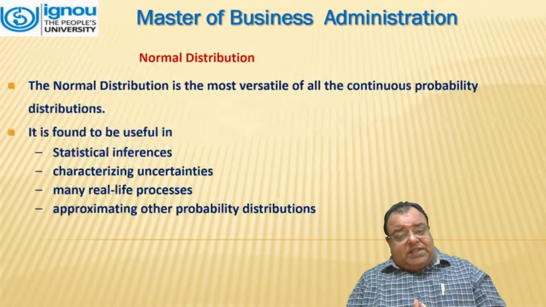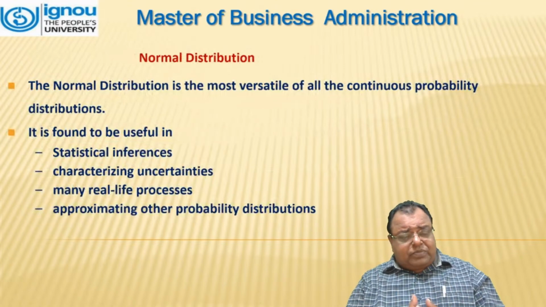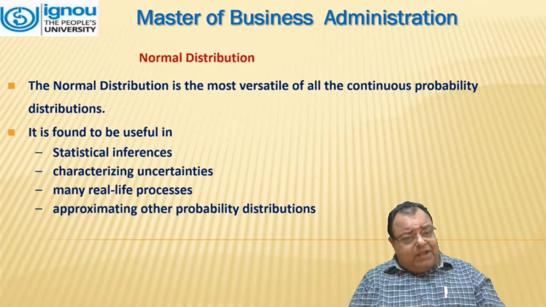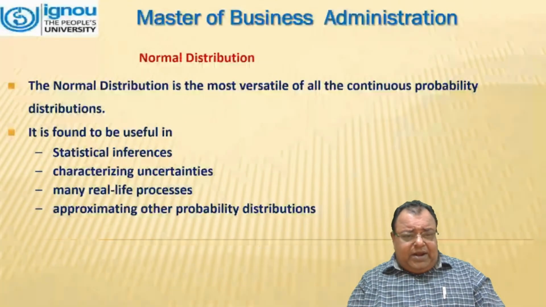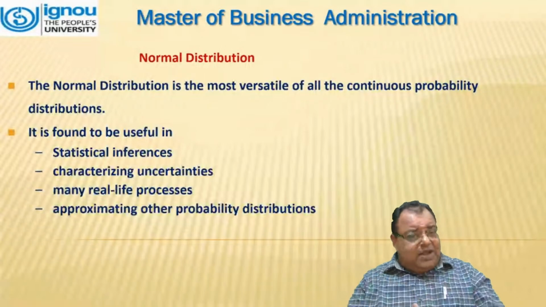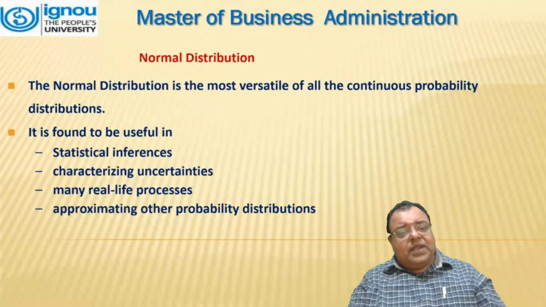We will be starting with the most important topic, which will be of great importance in your this MMPC 5 as well as in your MMPC 50. That is normal distribution. If you remember, in normal distribution, mean, mode, and median, all the three values are equal, and we have a bell-shaped graph of it.